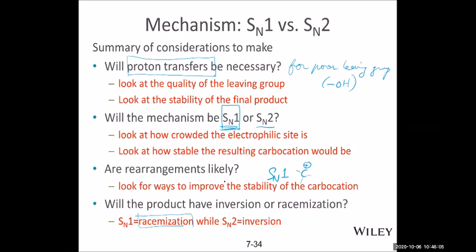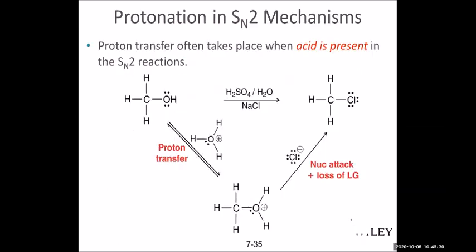It will have inverted chirality. SN1 is attacked from both sides, so it is not stereochemistry specific. So that's SN1 and SN2 in comparison. We have to do the homework afterwards to really practice and understand better.